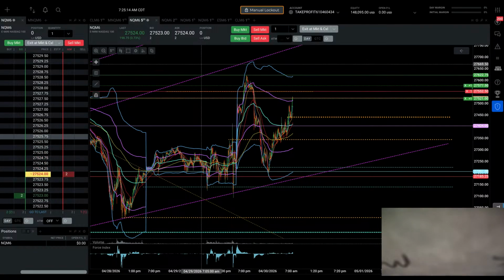Let's change my screen. How do I change my screen? Stop sharing. Hold on, I want to show you this. If you go to Bookmap here, this is where price is heading to right now. We got 208 orders at 27,540.